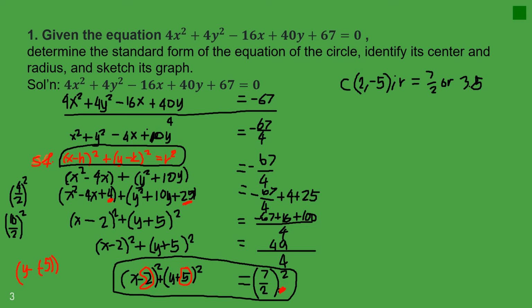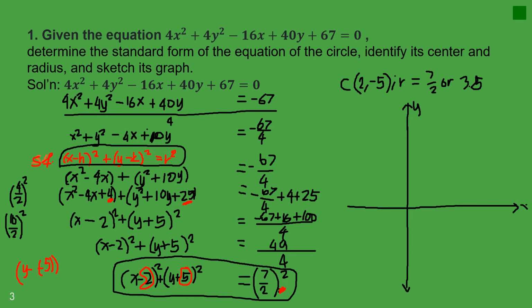Now our next concern is to sketch the graph. So to sketch the graph, we just need to draw. The center is at 2 for x and negative 5 for y. So we just need to draw a Cartesian coordinate system. Suppose this is our y-axis, and this is our x-axis.